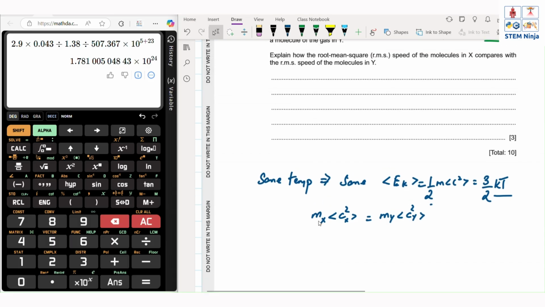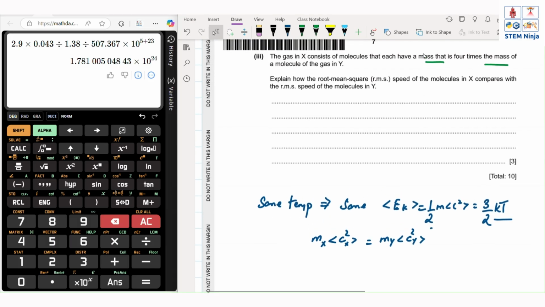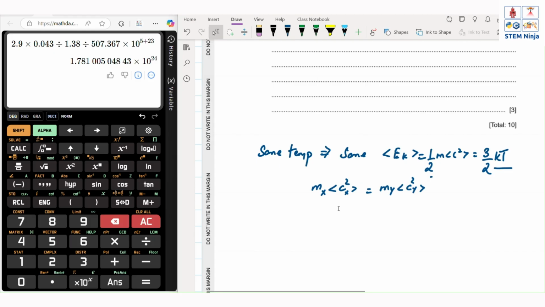They said that the molecules of X are 4 times the mass of molecules in Y. So we have 4 m c_X squared equals m c squared_Y. Cancel out this.